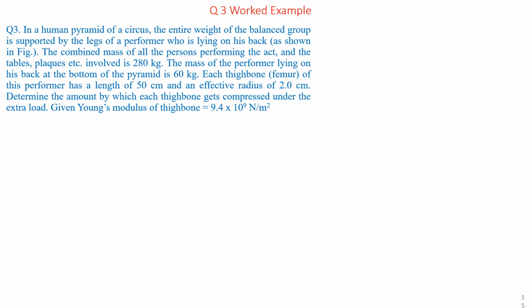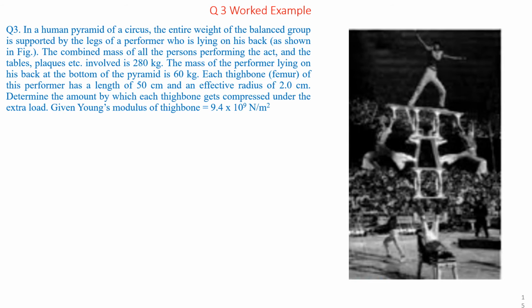Question 3, that is the third worked example. In a human pyramid of a circus, the entire weight of the balanced group is supported by the legs of a performer who is lying on his back, as shown in the figure. The combined mass of all persons performing the act and the tables, plates, etc. involved is 280 kgs. The mass of the performer lying on his back at the bottom of the pyramid is 60 kgs.